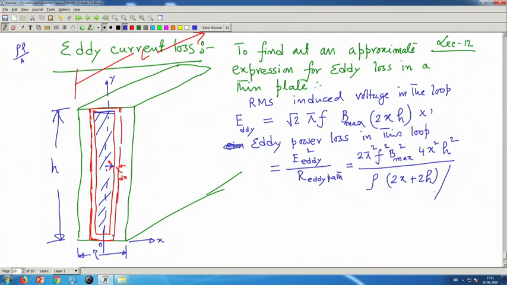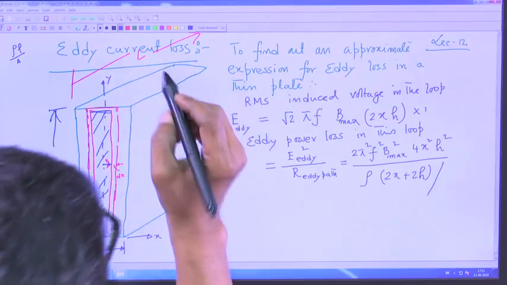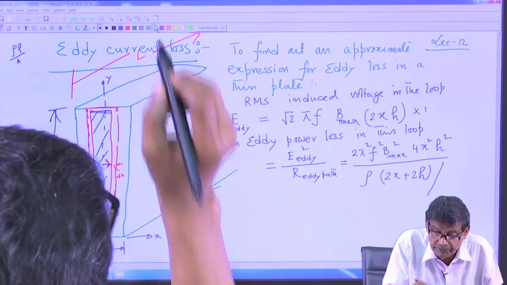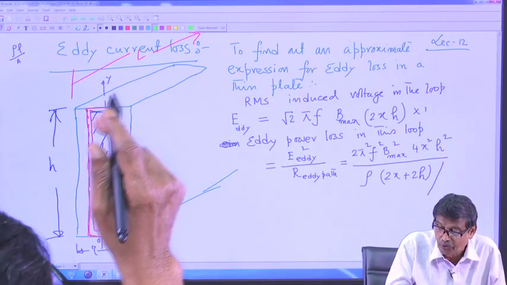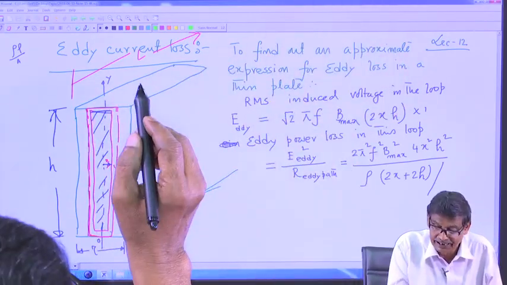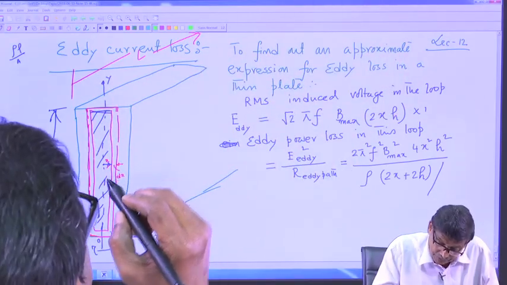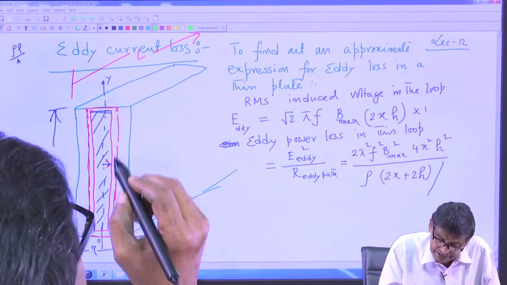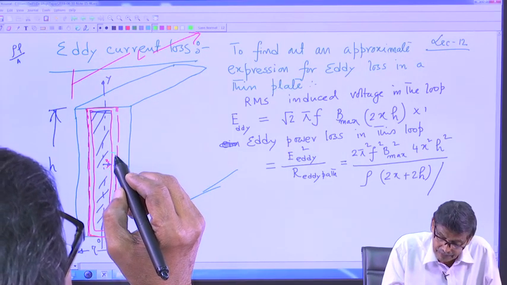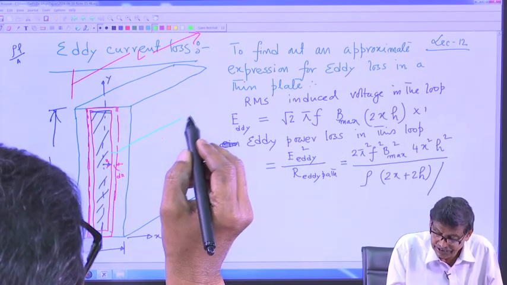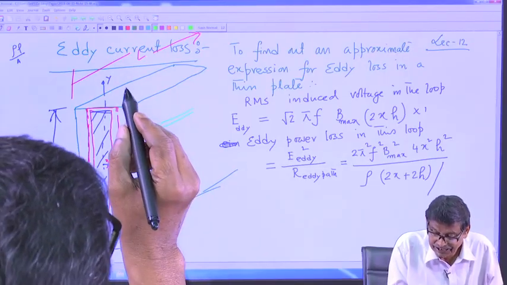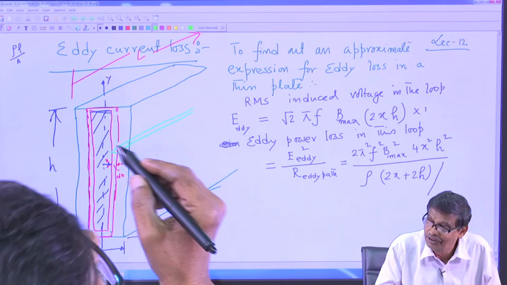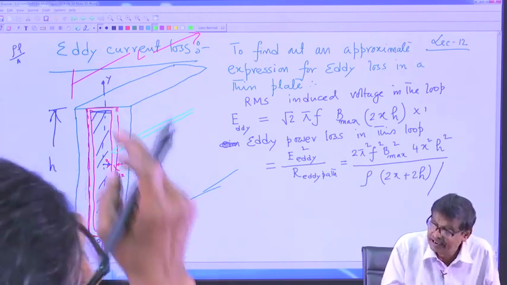Now, here it requires some observation, that is, what is the cross section? This loop, as I told you, exists all along this length, here also it exists. And current at a given instant of time will flow, this is the cross sectional area, because the loop exists here also for all, this is not for this single fellow.